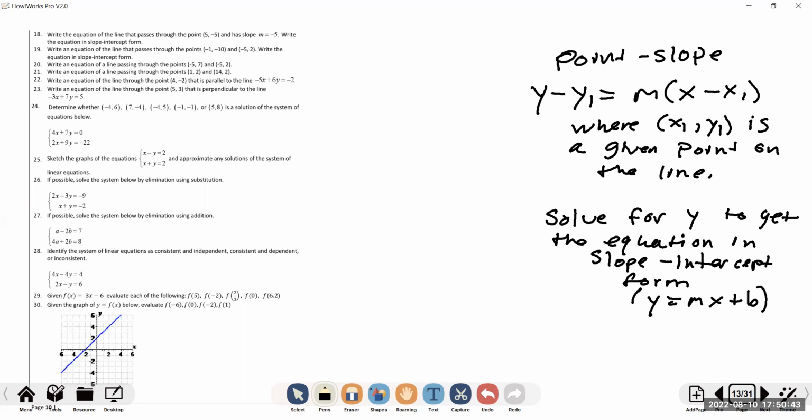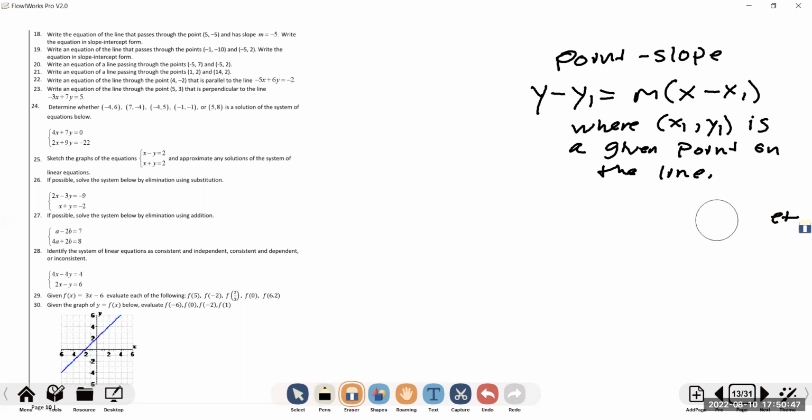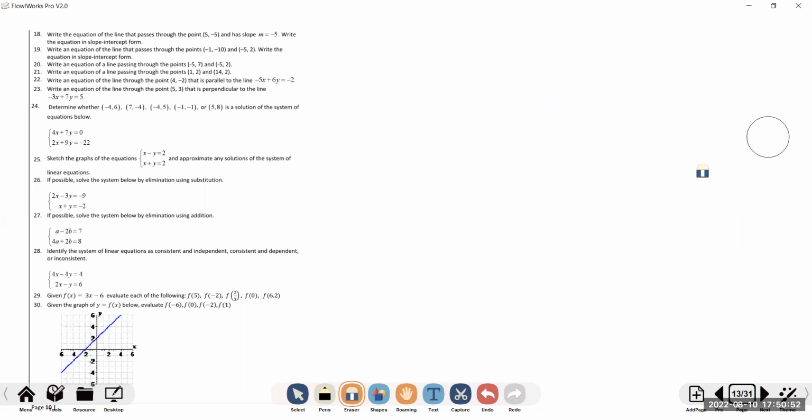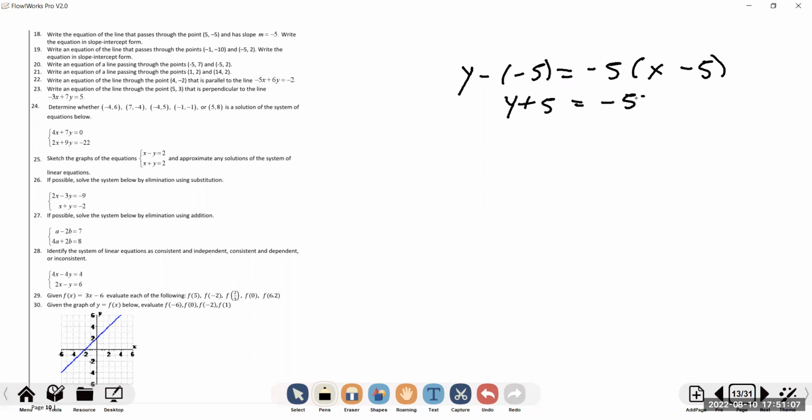We're also going to talk about how parallel lines have the same slope. Perpendicular lines have slopes that multiply to give me -1. But we're going to use point-slope form of the line in most of the problems on this page. So we have y minus -5 is equal to -5 times x minus 5. y plus 5 equals -5x plus 25.